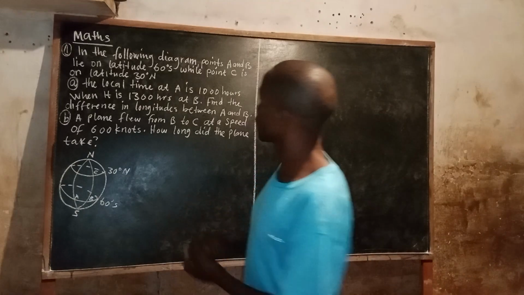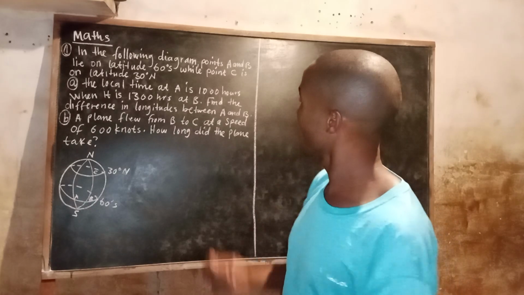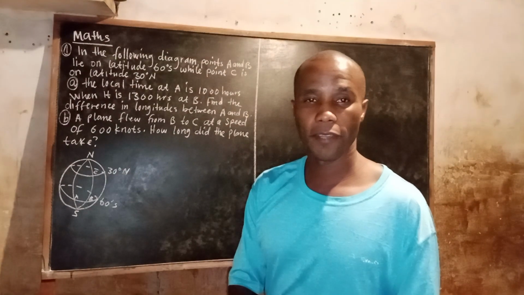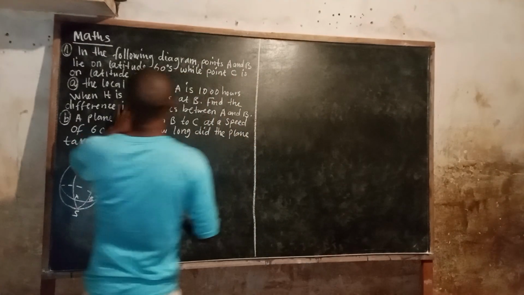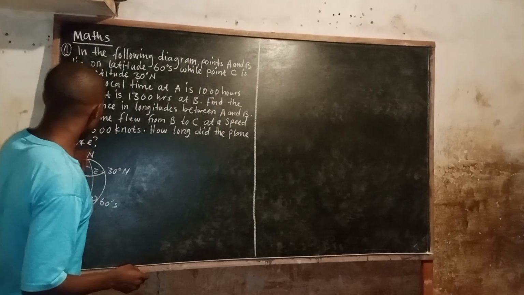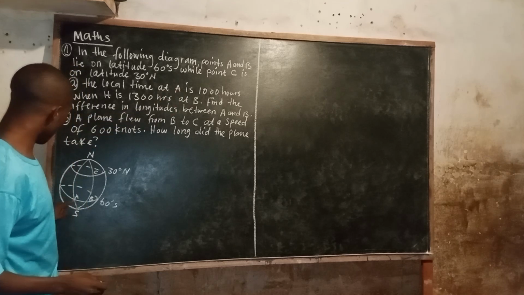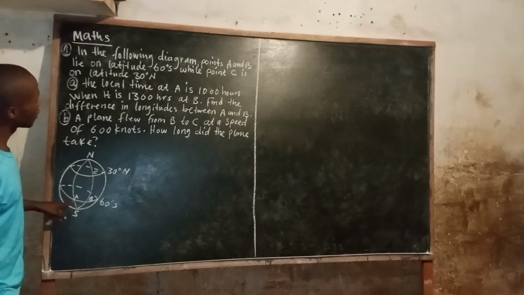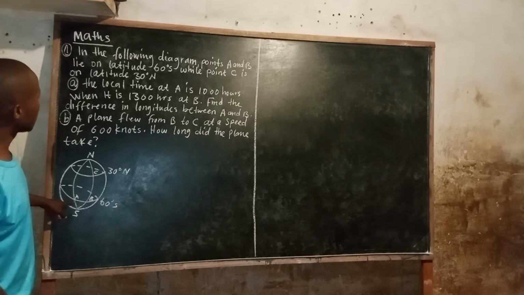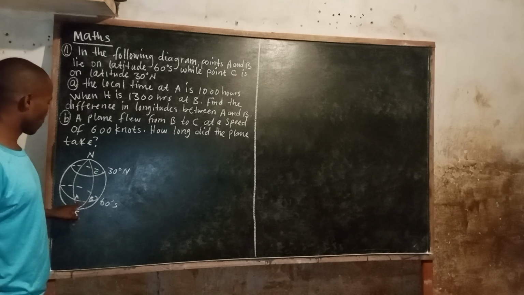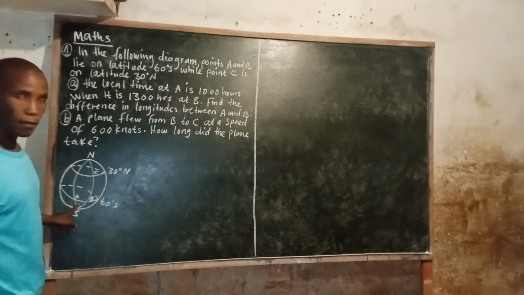Okay, so now how are we going to work out the first question? Here we are given the points. They are saying the local time at point A is 10 hours when it is 13 hours at point B. So we are talking about these 2 points in terms of time.